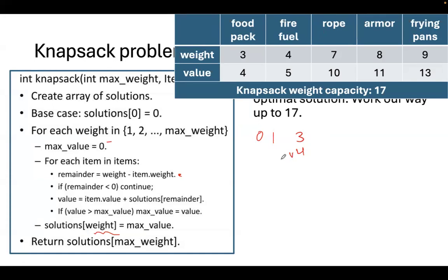So here we would take a food pack for weight 3. But when we get to weight 4, we consider not only including a food pack, but also the fire fuel. So at each step, we're not limited to what we considered previously.